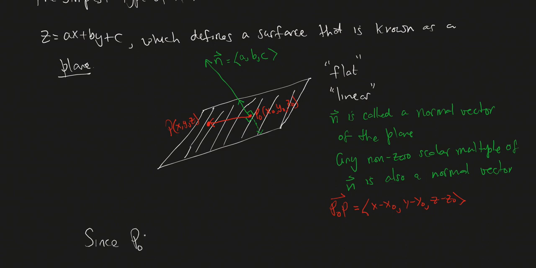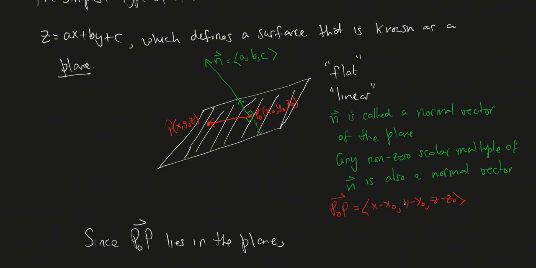So since this vector P0 to P lies in the plane, right? So again, just imagine you just draw a line on the surface of that book. So since P0 to P lies in the plane, what is always true?